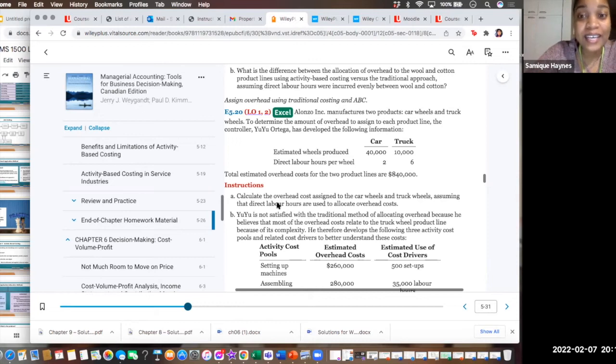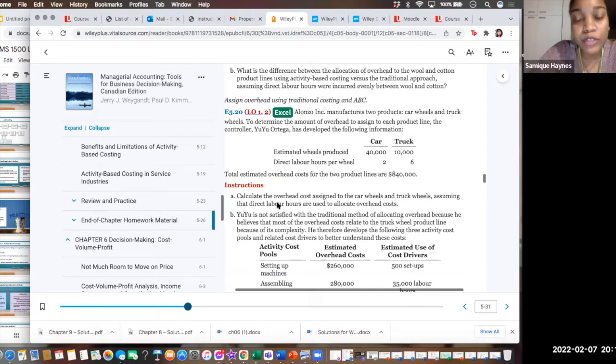8 hours per wheel. But I want a total direct labor hours. How much did we use for the car? Just 2 hours?